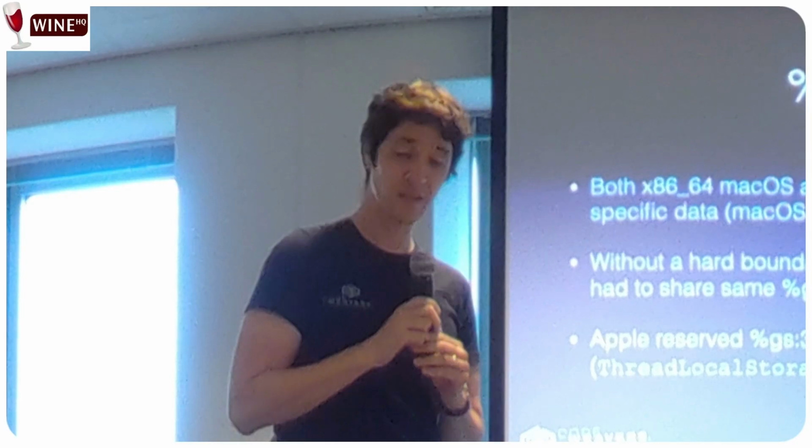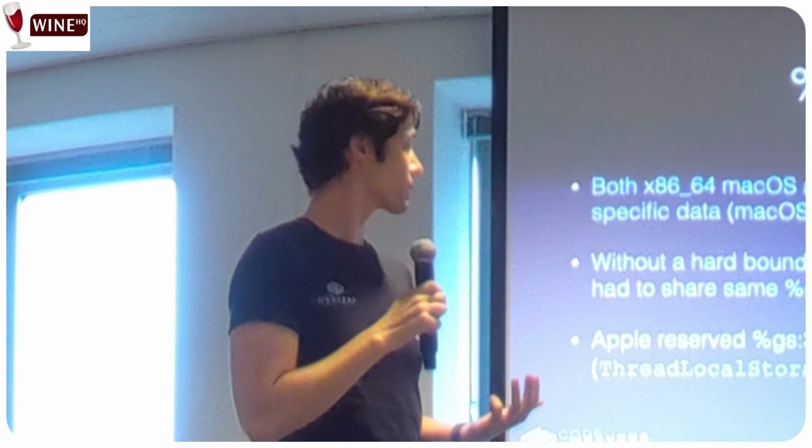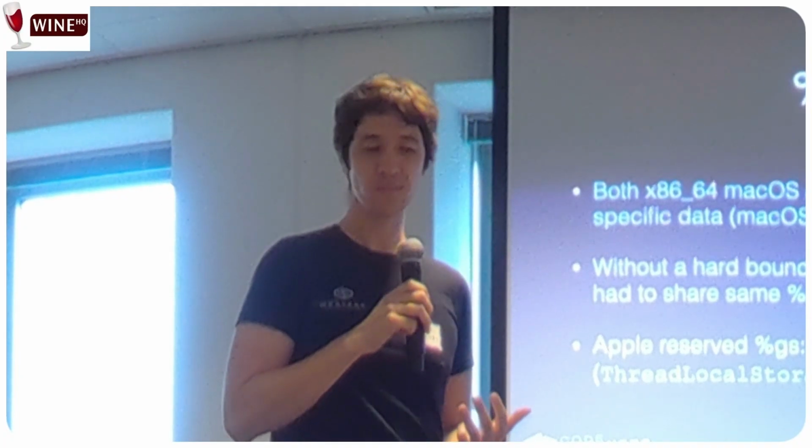I also mentioned the GS conflict. I talked about this 3 years ago, so I'll give a bit of a recap. 64-bit Intel Macs and Windows both use the GS segment to point to thread-specific data, the Windows TEB. Since Wine did not have a hard boundary between Unix and Windows code, they had to share one, which was the Mac one.